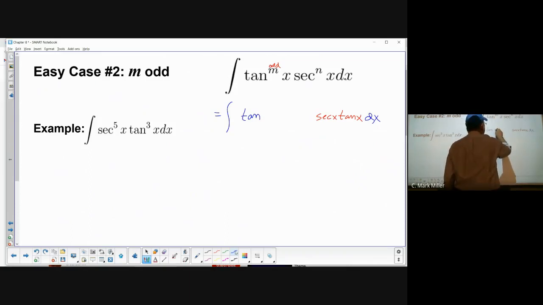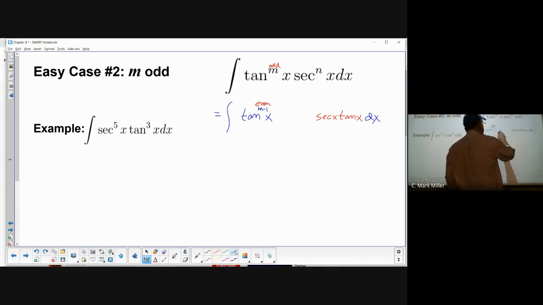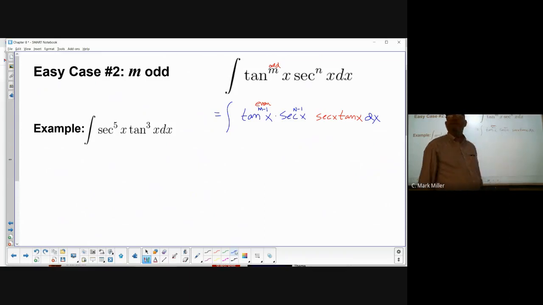It's going to be to the m minus 1 power, which is even. Right? It's even. Times secant x to the n minus 1. Now, you don't care if n minus 1 is even or odd.